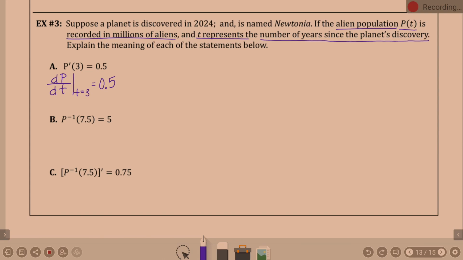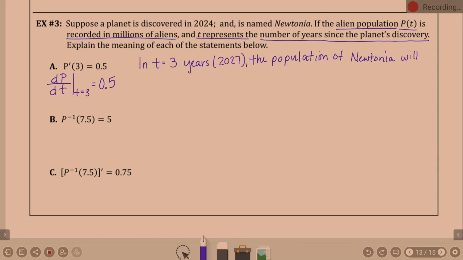Okay, so in t equals 3 years, 2027, the population of Newtonia, or just say population. Beware, you can't just say it will be 500,000. It's a derivative. It's a rate of change. So it's not going to be 500,000.